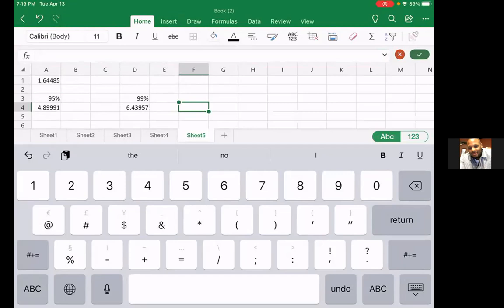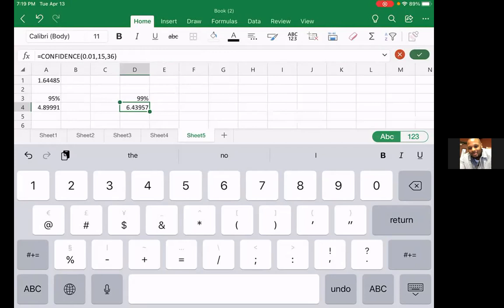We become more confident when our interval is wider. So if we're 99% confident, we are more confident, and in order to do that, we have to have a wider interval. This value right here, this 6.43957, is making the interval wider. And that's why you're more confident at 99% than you are at 95%.